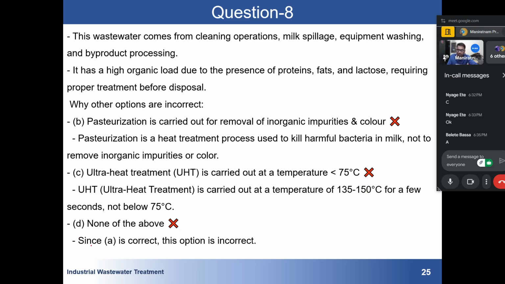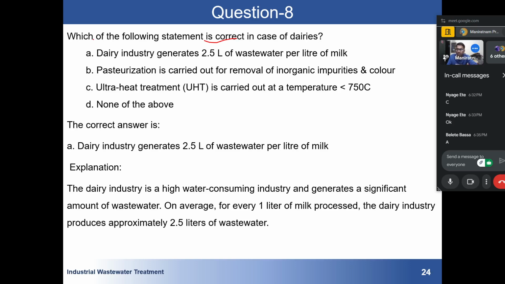So the correct answer is A. I hope all of you understood. It should be above 75 degrees Celsius. There is a printing mistake in the option.